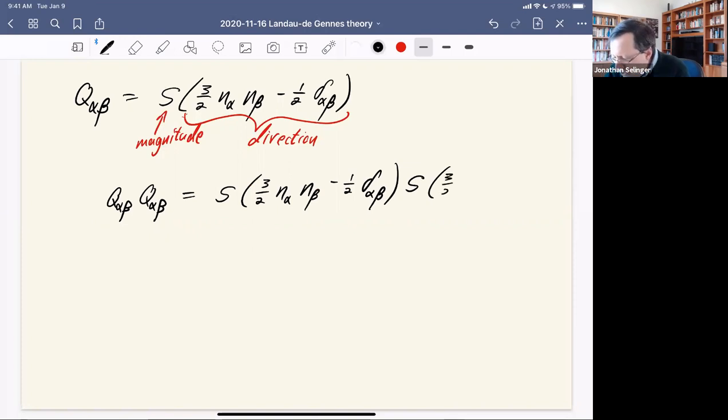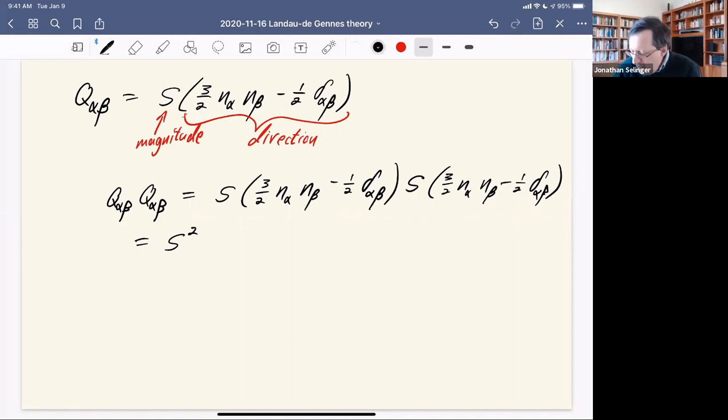Okay, so 3/2 n alpha n beta minus a half delta alpha beta. Okay, let's simplify this expression. So there's an S squared in the front. Now, here's just a little practice in manipulating tensors. I guess I'll do this once.